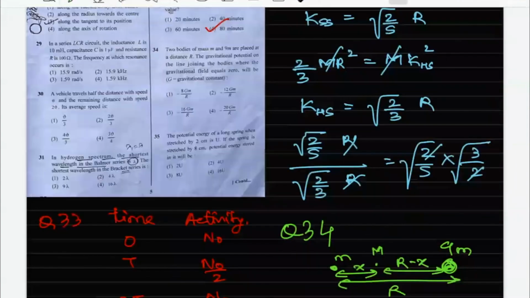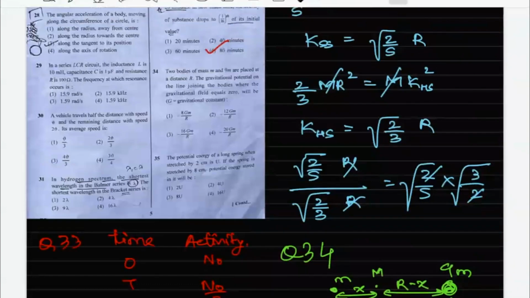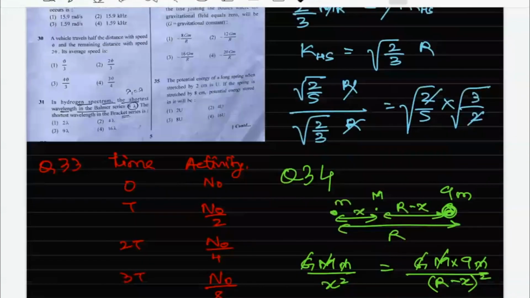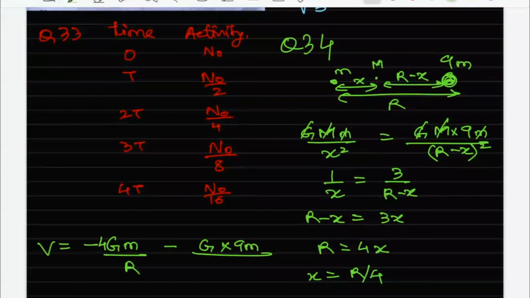Fine. So what do they want there? They want the gravitational potential, on the line joining the two, where the gravitational field is equal to 0. So what is the gravitational potential here now? Potential is simply a scalar quantity. So I would just say V is, again, it would be negative, minus G m by x, which is r by 4. And the second one is minus G its mass, which is 9m, upon its distance. So again, this was 1/4, so this is 3/4.